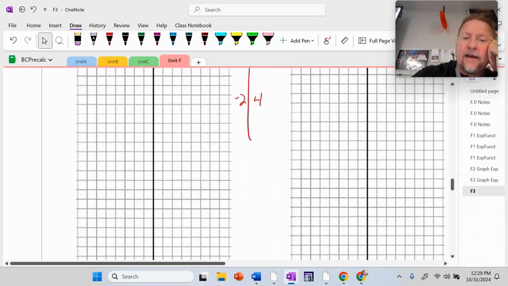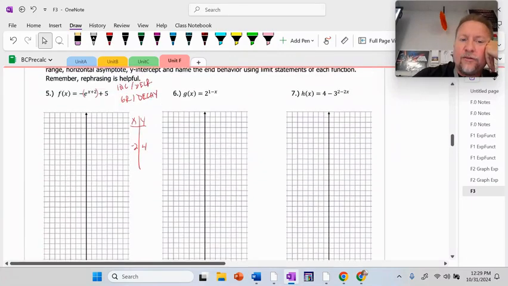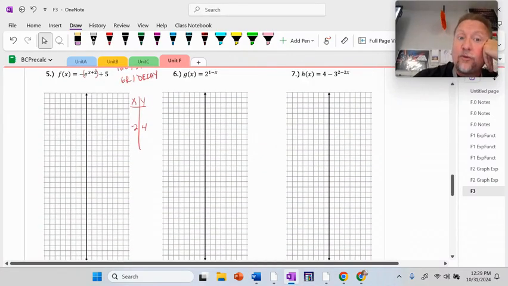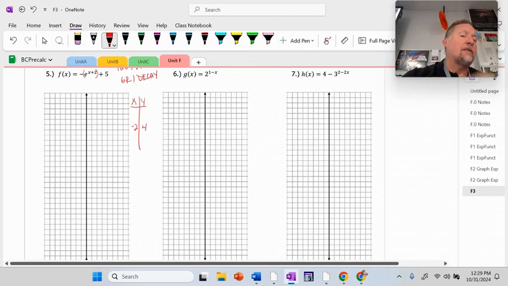Now, why do we have these? And this is good by the other 2 teachers. This is awesome. This gives you the choice if you want to go crazy on your chart and get really, really large y values. You should know what's going to happen with this, though. I get -2. Oh, wait a minute. I know that this is y equals 5 as a horizontal asymptote. 4, 3, 2, 1, 0.